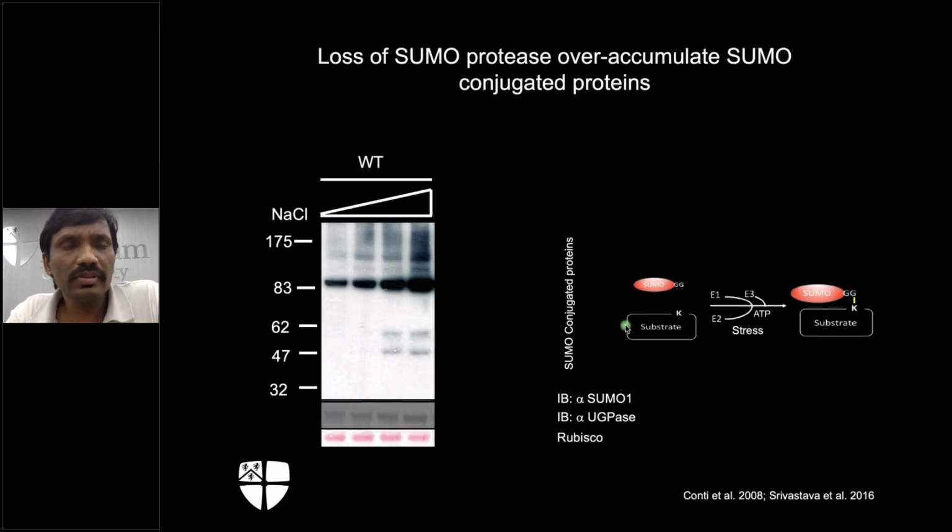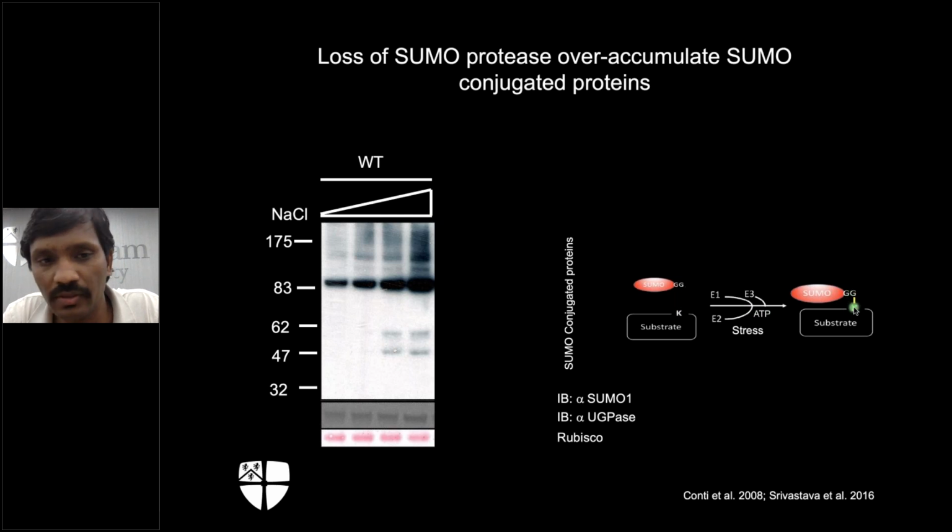So how can we see SUMO conjugation and deconjugation in our lab? In the cellular system, SUMO is available, the substrate is available, and the enzymes are available. If you apply stress, like here the example is NaCl, sodium chloride, and you start increasing the stress, you are pushing this process toward conjugation.